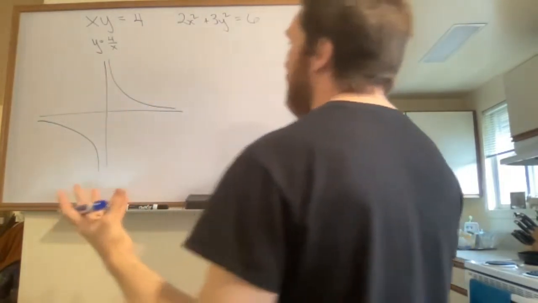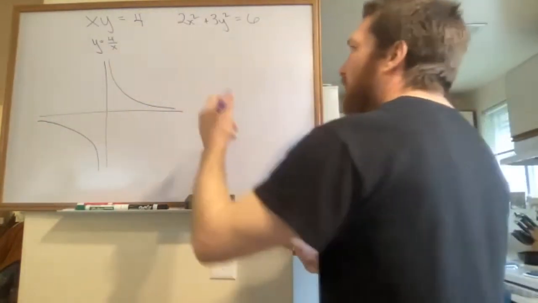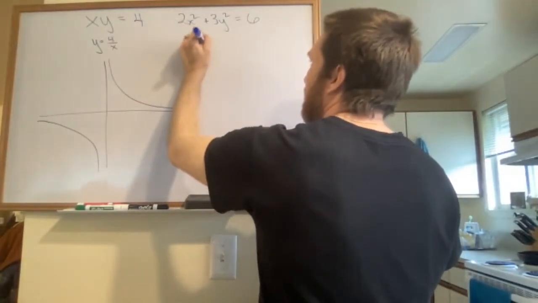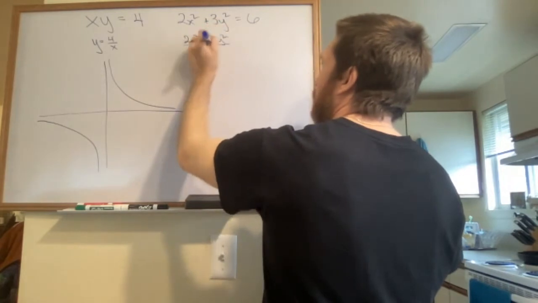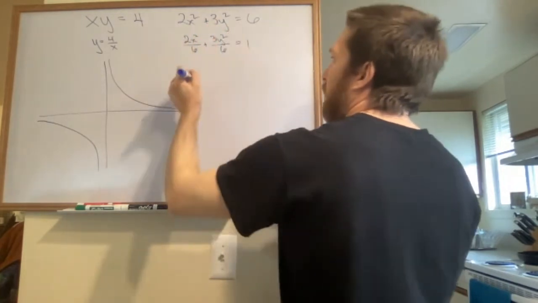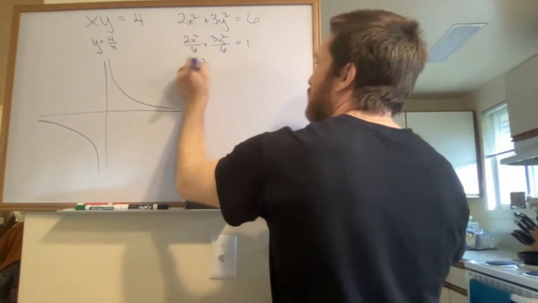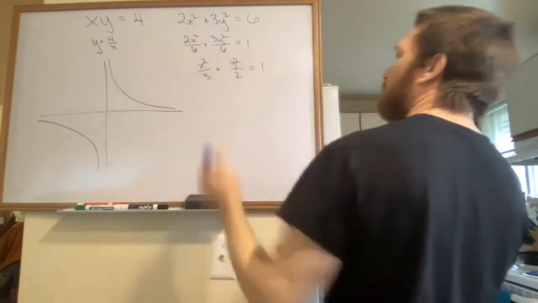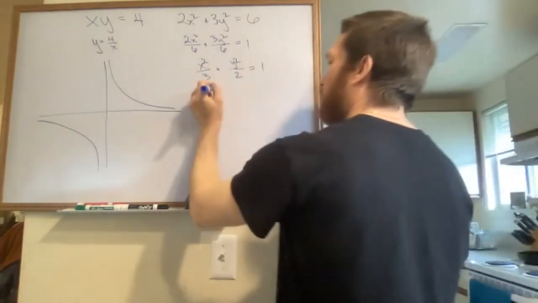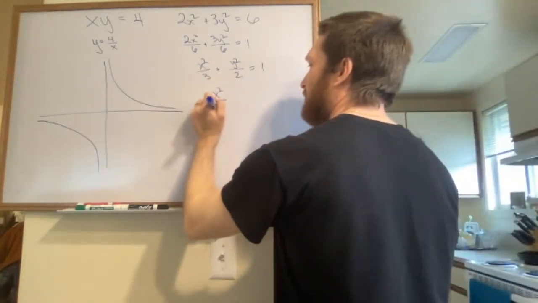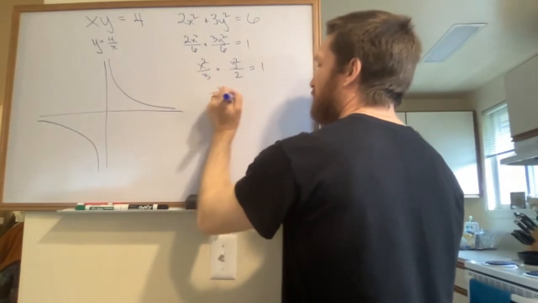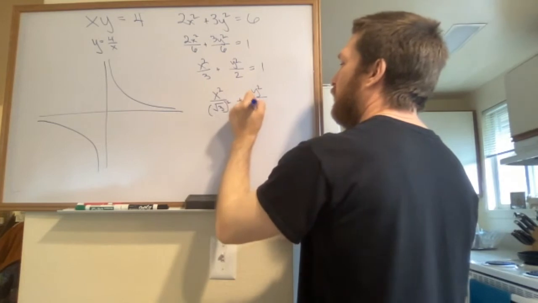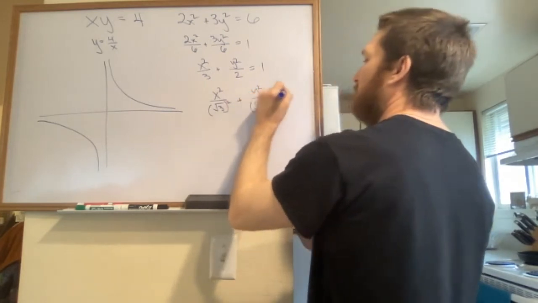But what I'm going to do is get this into standard form, which reduces down to x squared over 3 plus y squared over 2 equals 1, which is not in standard form yet. Now it's in standard form: x over root 3 squared plus y over root 2 squared equals 1.